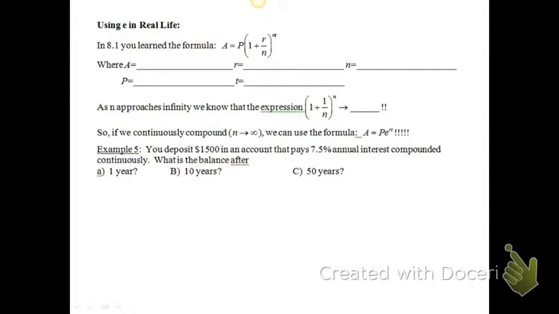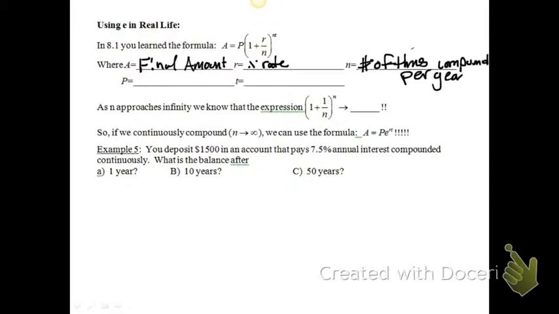nt power, where A is our final amount. r is our percent rate that we're given for our investment. n is the number of times we compound per year.